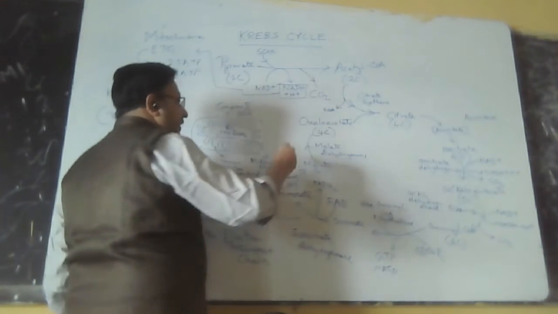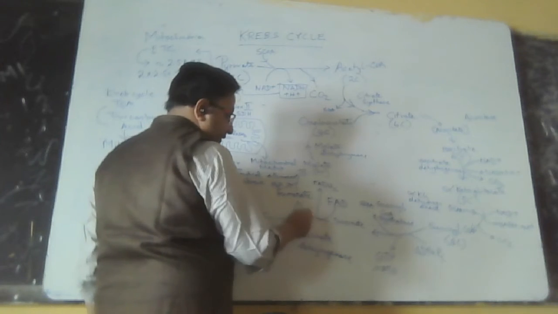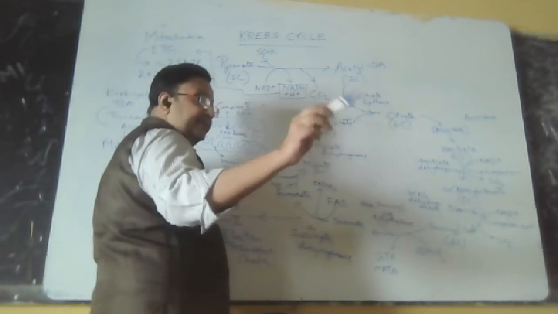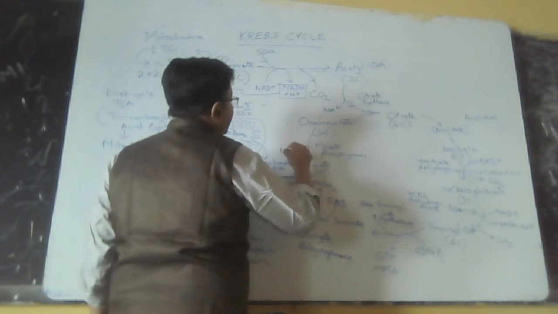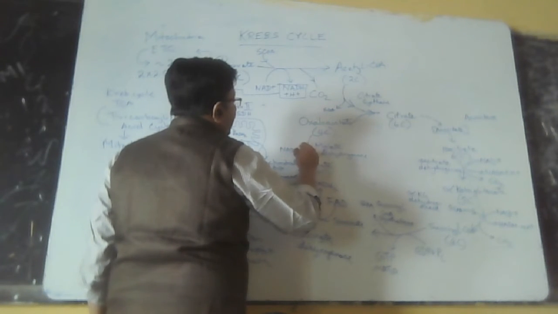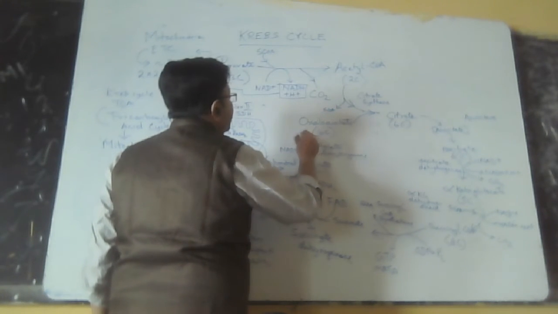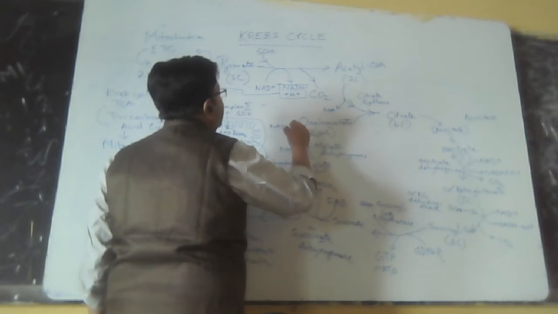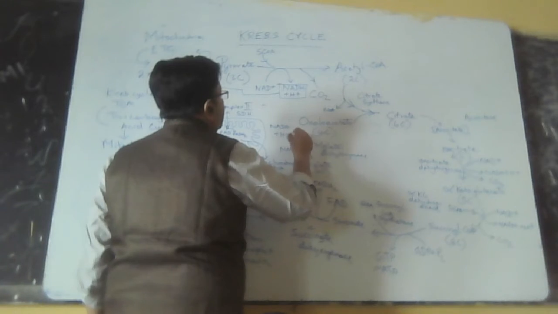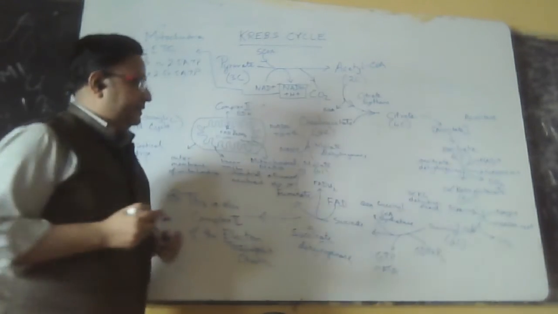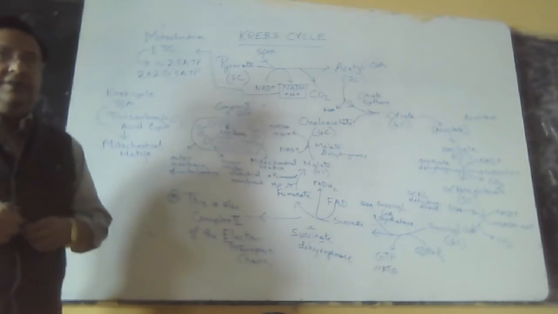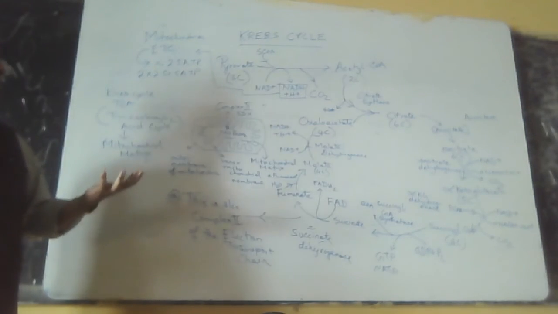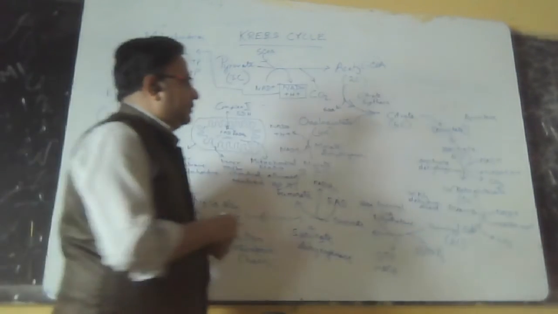And whenever a dehydrogenase is there, except this exception, succinate dehydrogenase where FAD becomes FADH2, NAD plus gets converted into NADH plus H plus.